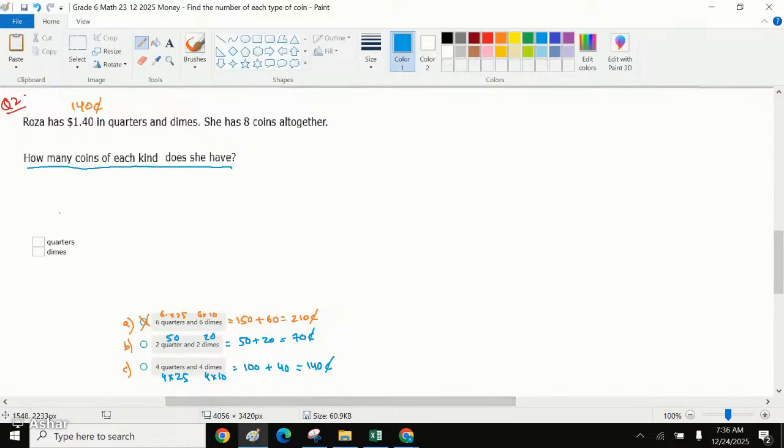If she has 4 quarters and 4 dimes, that means she has a total of 140. That means option C is the correct one, because she altogether had 8 coins. Option B is 4 coins. Option A is impossible, and option C was 8 coins. So option C would be the correct answer. Okay.